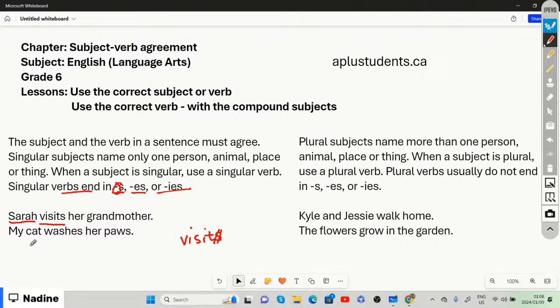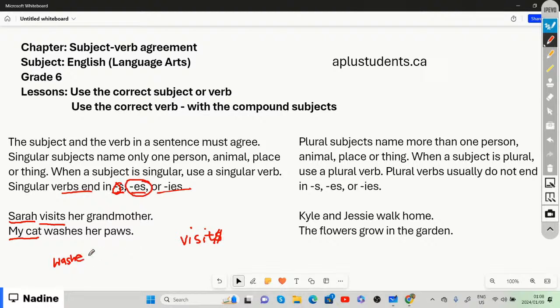If we look at another sentence, my cat, which is singular, is naming one animal. My cat washes her paws. We don't say my cat wash her paws. Here we are adding the es at the end.